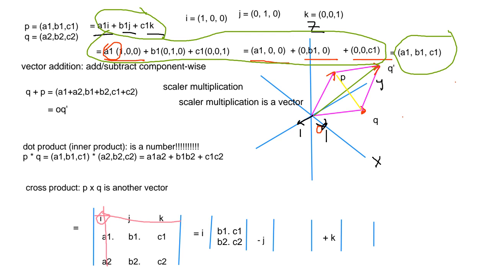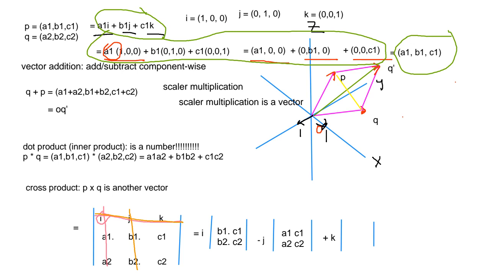For the J component, I'm going to do the same thing. I'm going to ignore the J row and J column. So what am I left with? I'm left with A1, C1, A2, C2, 4 numbers. For K, I'm going to do the same thing.